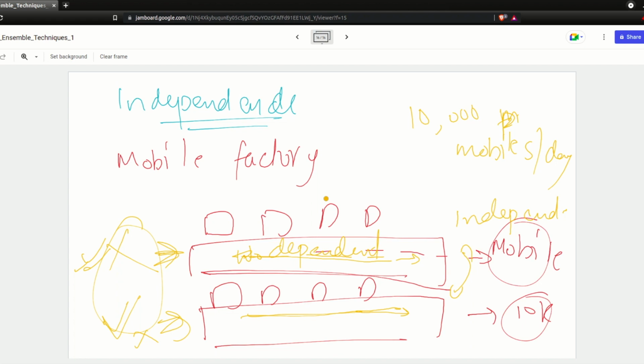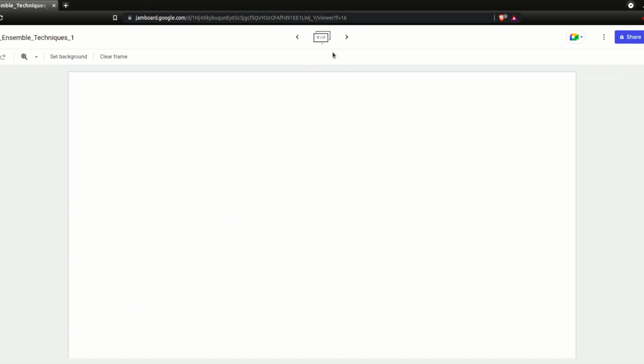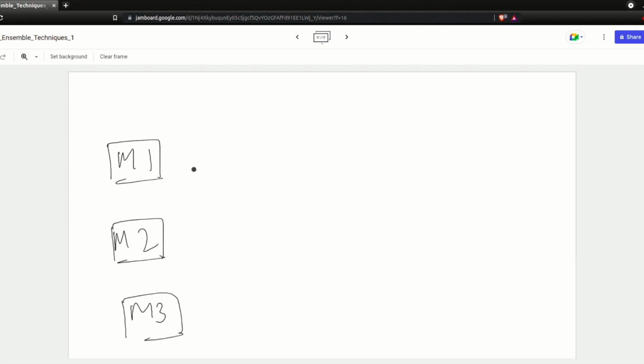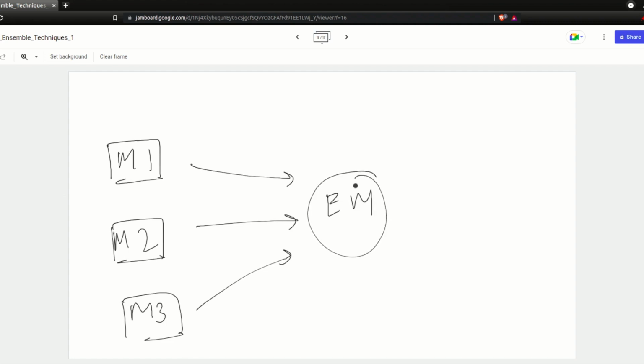Next we can have a look at how we can picture ensemble learning models. As I have already discussed, let's say we have model 1, model 2 and model 3. We combine them and there will be a final ensemble model.